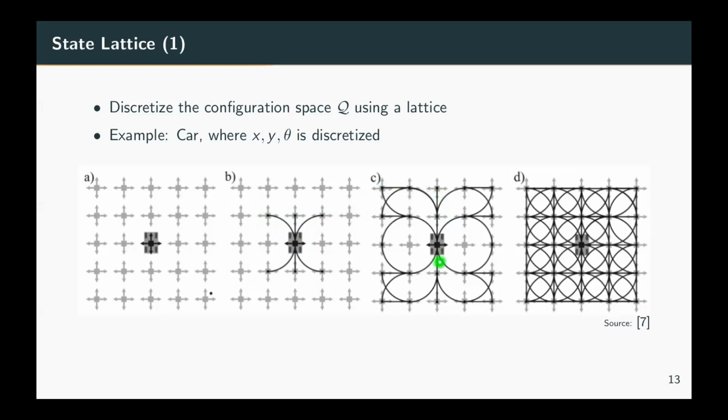And then if you want to search in your graph, because you're in this lattice, you can construct this graph and repeat the same motion primitives. If you do it a lot of times, you get very dense graphs.